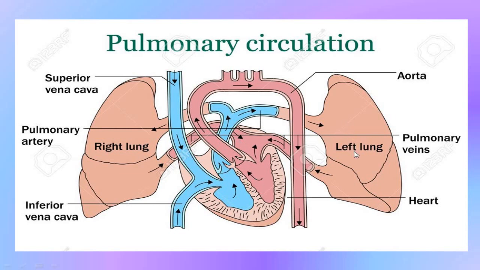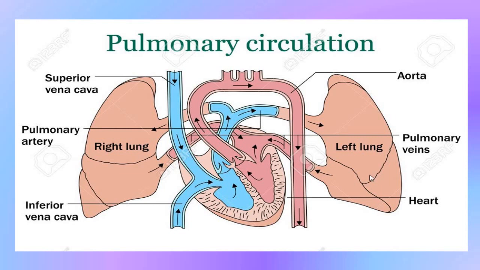So the blood after oxygenation, the blood which is coming from the lungs, is carried through pulmonary veins, and a pair of pulmonary veins from each lung enters into the left atrium, and these veins open through a common opening into the left atrium.